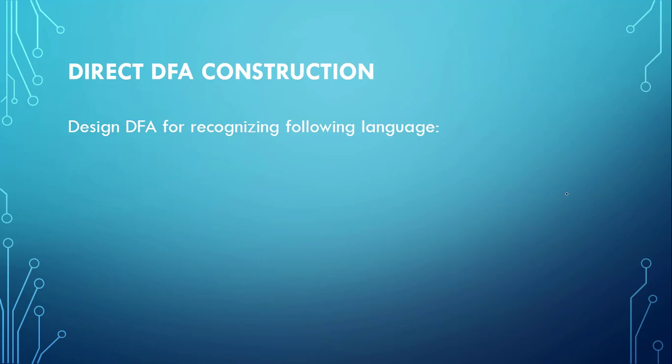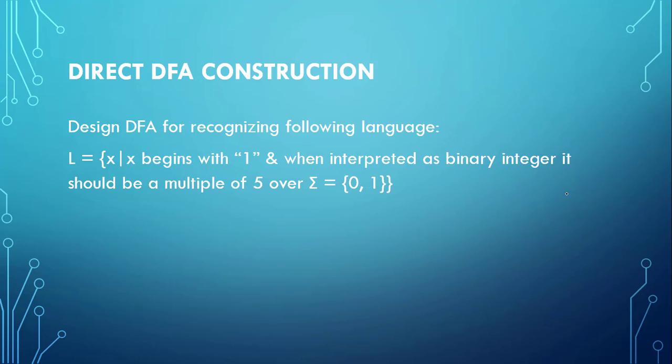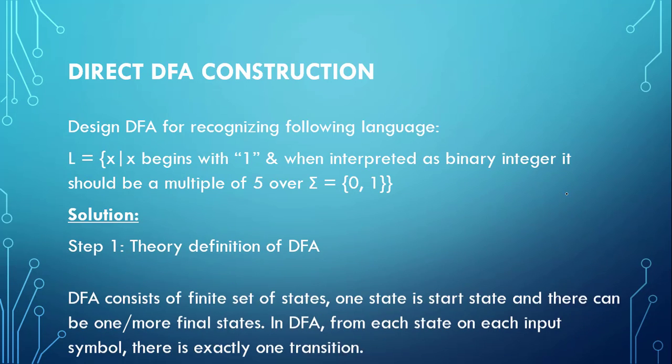The final question that we will be seeing for today's session is design DFA for recognizing the following language such that L is equal to X, where X begins with 1 and when interpreted as binary integer, it should be a multiple of 5 over the input 0, 1. So here step number 1 is definition.